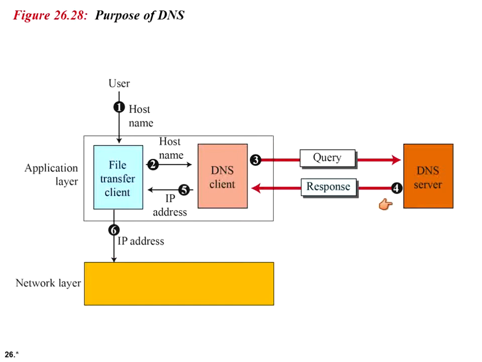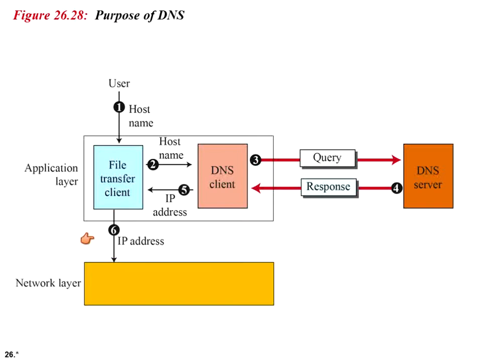Next, the DNS server responds with the IP address of the desired file transfer server. Then the DNS server passes the IP address to the file transfer client. And finally, the file transfer client now uses the received IP address to access the file transfer server.